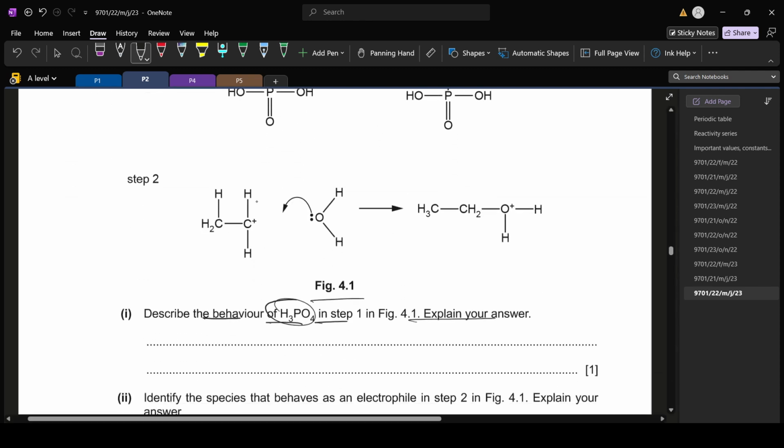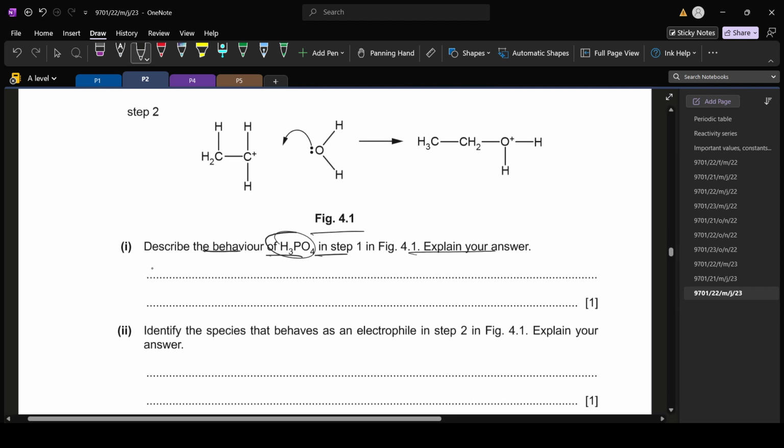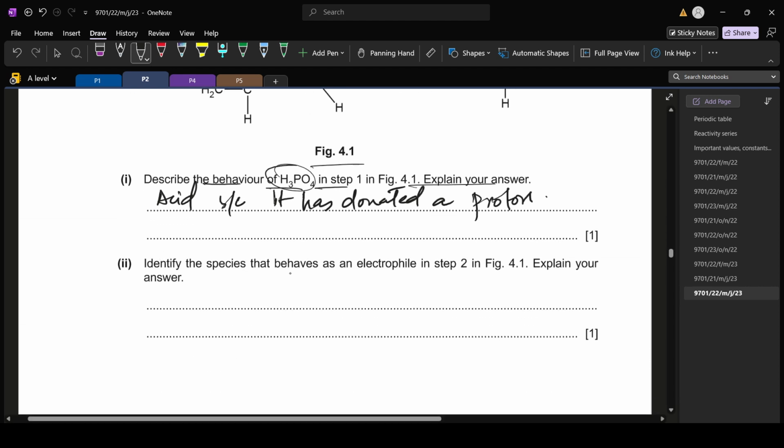So the behavior of this H3PO4 in step 1 is as an acid, because it has donated a proton, or H plus ion.